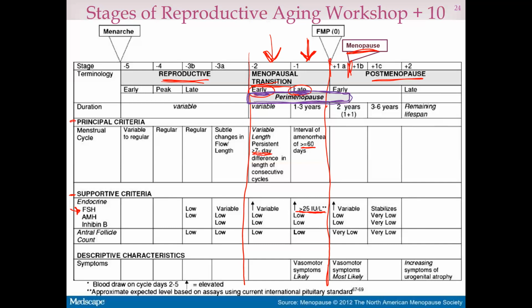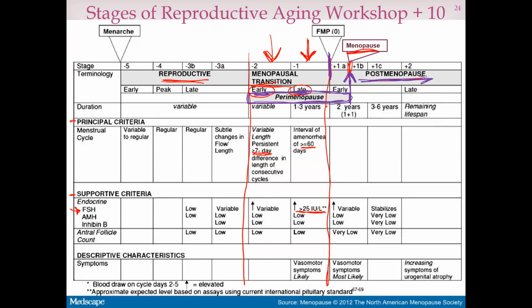Her FSH will also be elevated above 25 at this point. And then she'll have her final menstrual period here, and then all the way out to 1 year following that final menstrual period is when we finally diagnose menopause. She is no longer perimenopausal, and she's now postmenopausal for that duration forward.